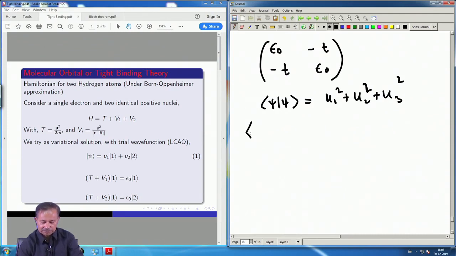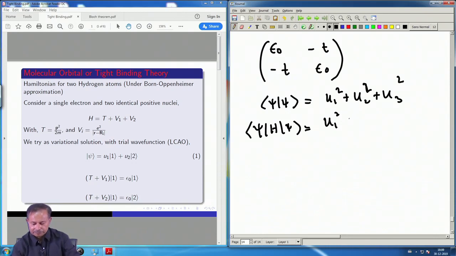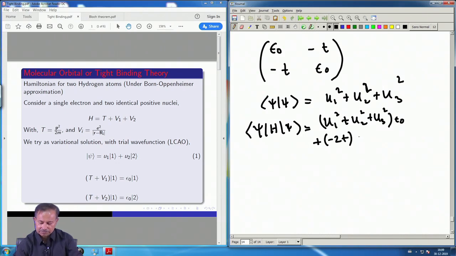So, this was then psi H psi, which will have u1 square plus u2 square plus u3 square into epsilon naught, plus the minus twice t times u1 u2, minus 2t times u1 u3.